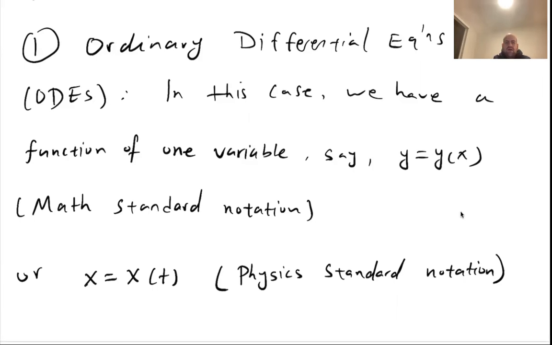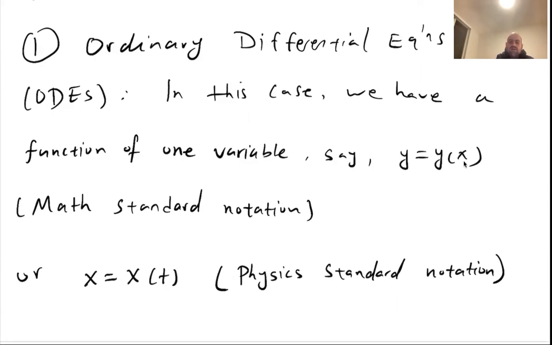In physics, if we have one independent variable, we normally call it t, representing the time, and one dependent variable, say the position, we can call it x. So x in physics is the dependent variable, the function, and t is the variable.